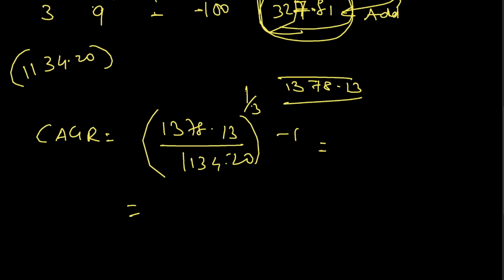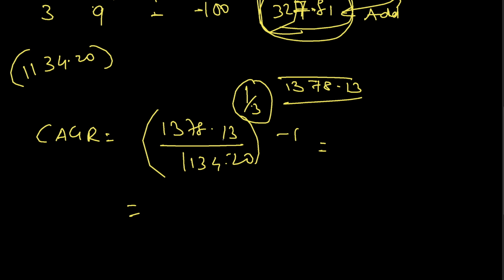So 1 by 3 is first of all 0.3333. So 1378.13 divided by 1134.20 to the power 0.33333, then minus 1.